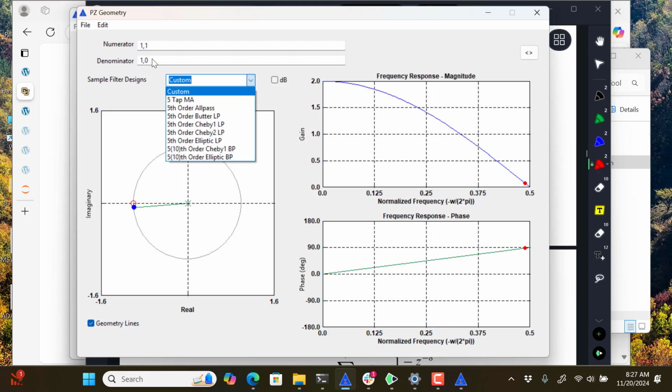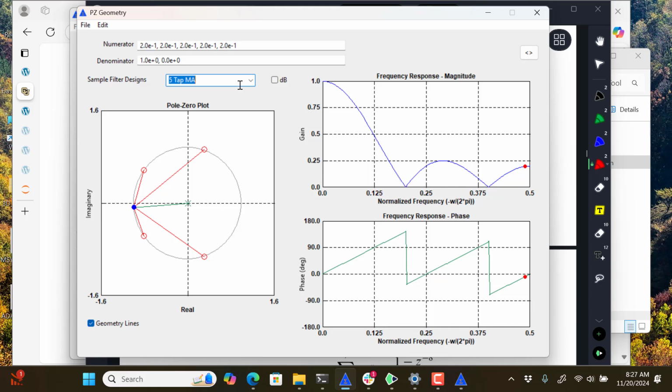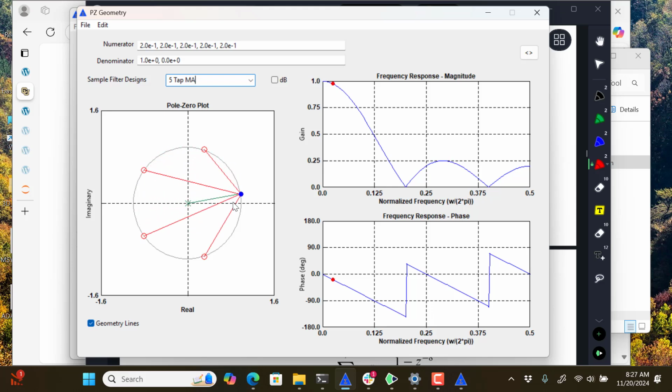I could put the coefficients in here if I wanted to, but I don't know if I want to do that right now or not. I'm going to go on to this case next. So I'll skip that one for now.